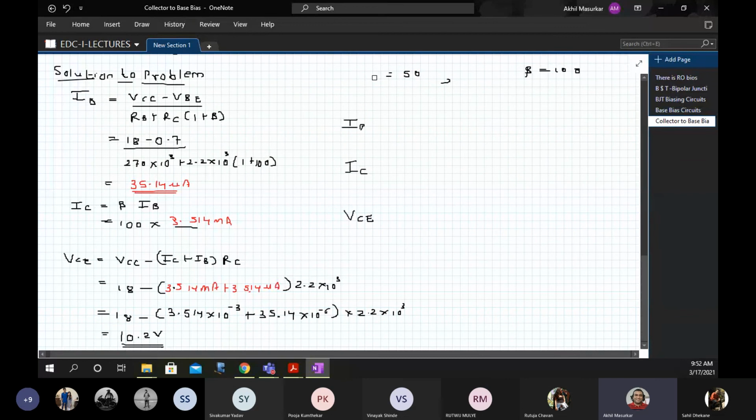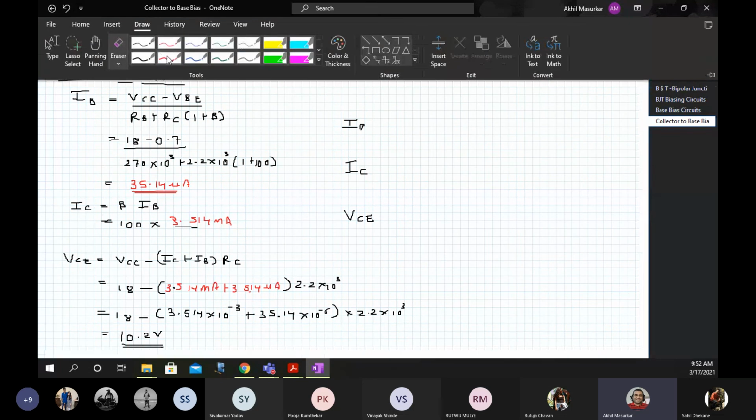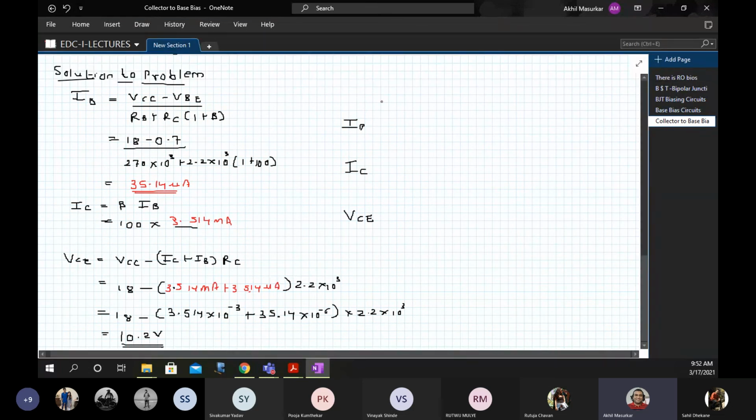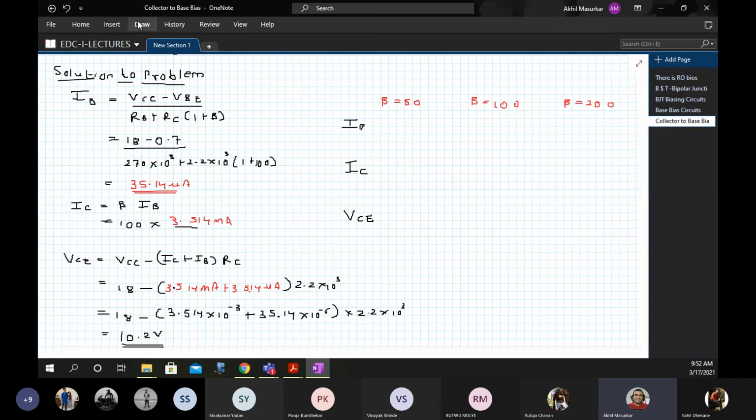Solve this for beta equal to 50 and beta equal to 200, all other values are absolutely same.